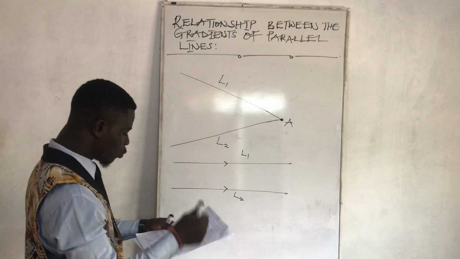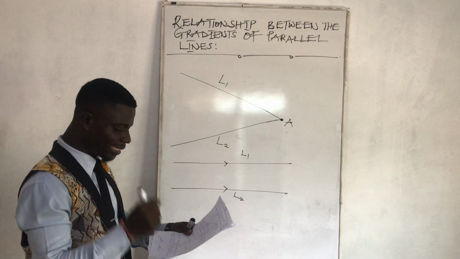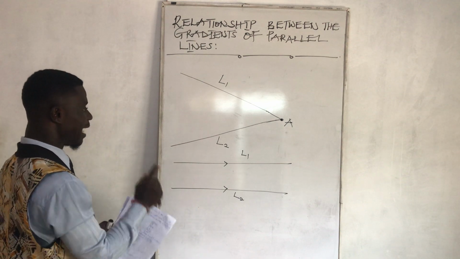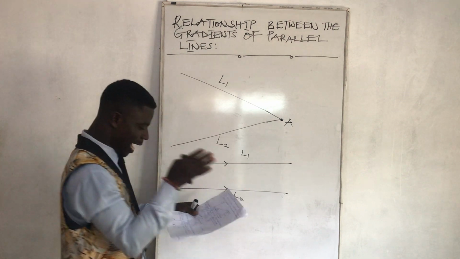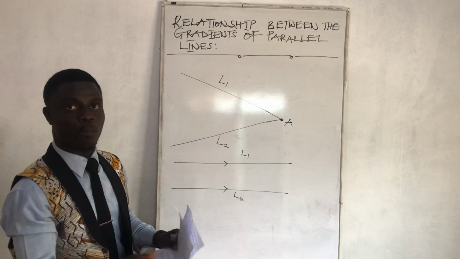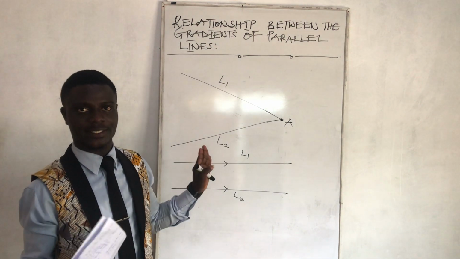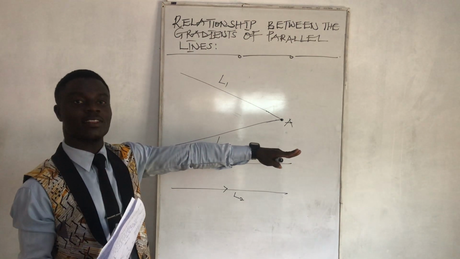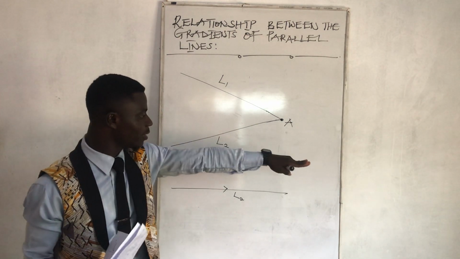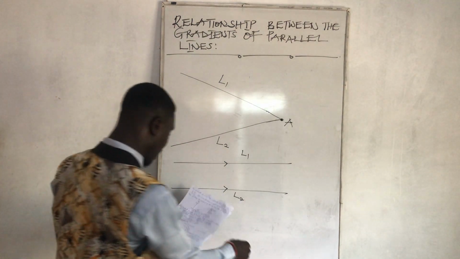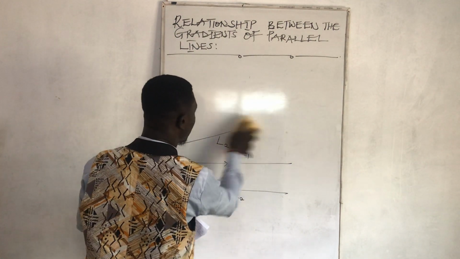So what we mean here is two or more lines are said to be parallel if they cannot converge, that means they cannot meet at a particular point. They move in a straight path, L1 the same thing, L2 the same thing. So let's consider the diagram below.